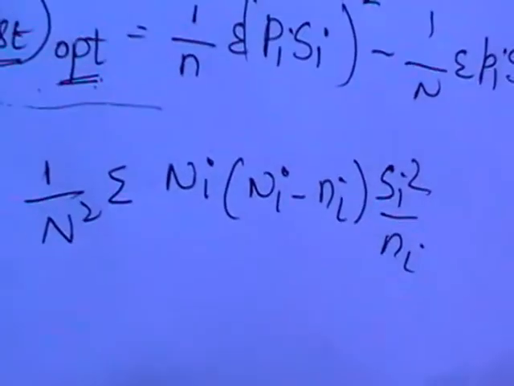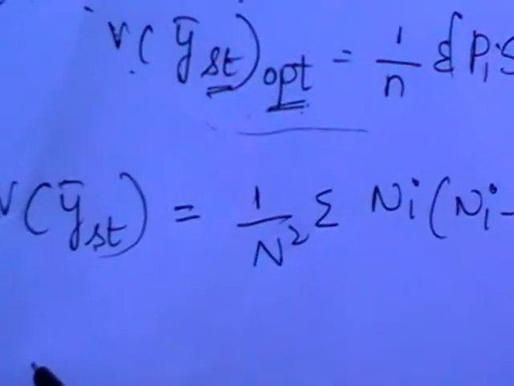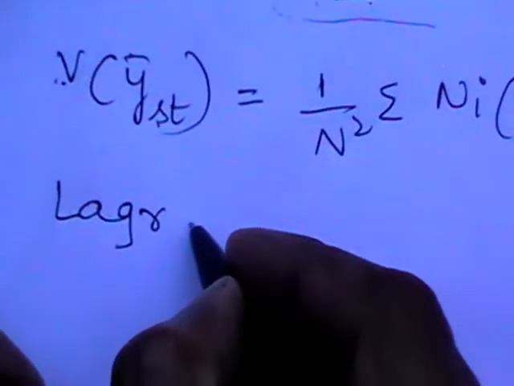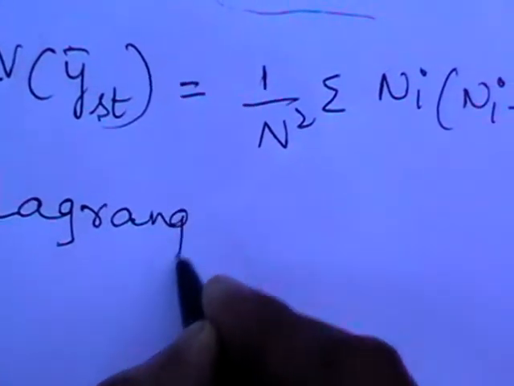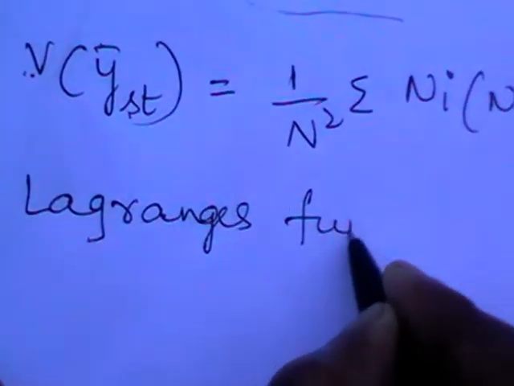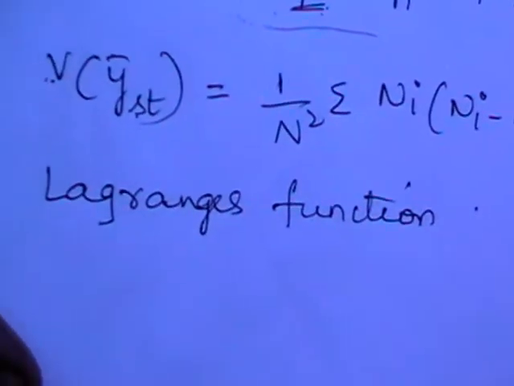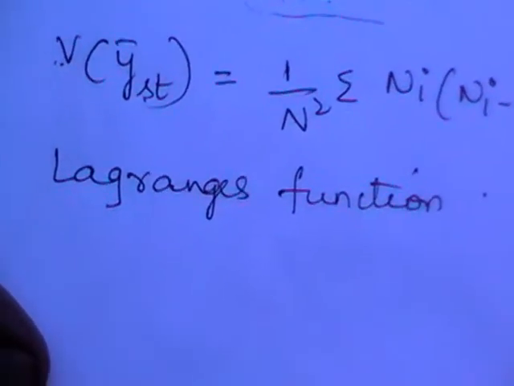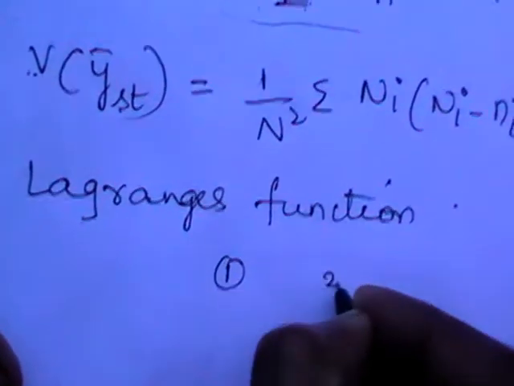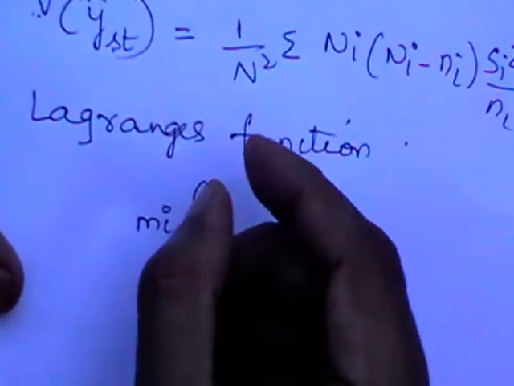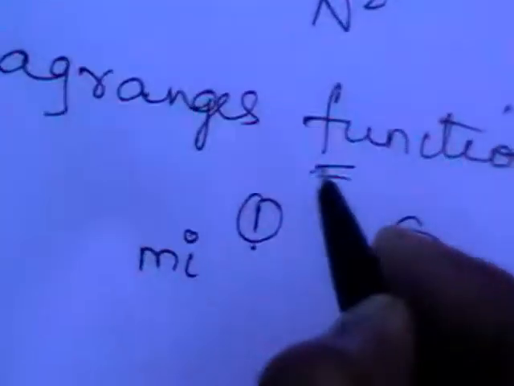So to derive the Neyman formula, we are going to make use of Lagrange's function. To frame the Lagrange's function, first of all you should concentrate on two things. The Lagrange's function is generally used to minimize or maximize; this is a mathematical concept.